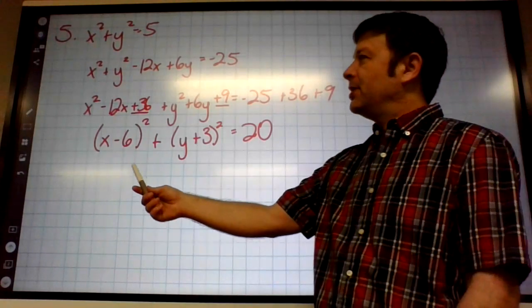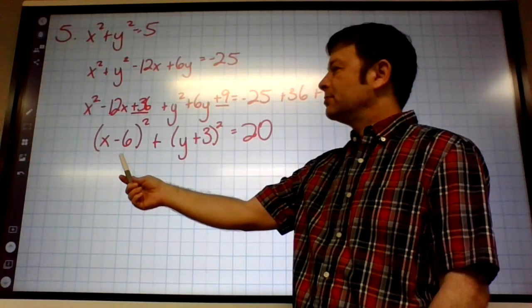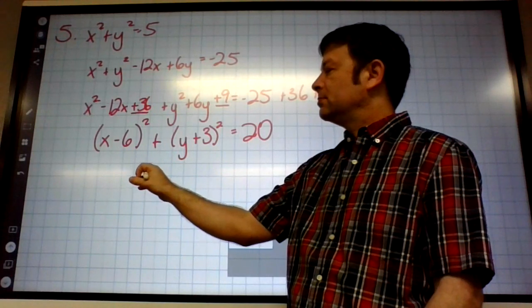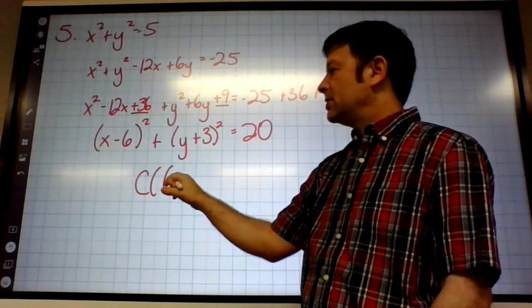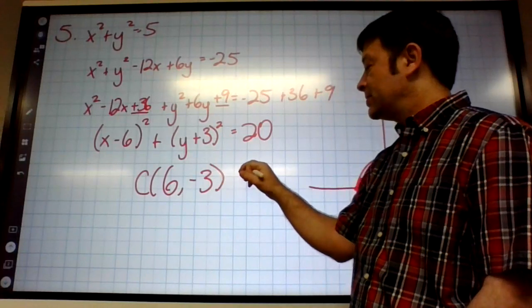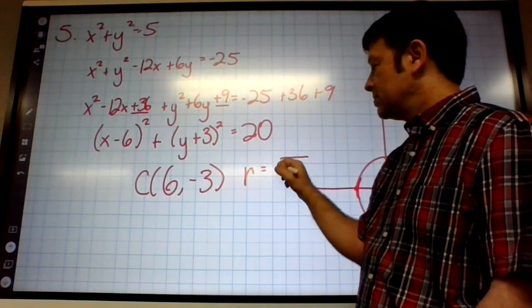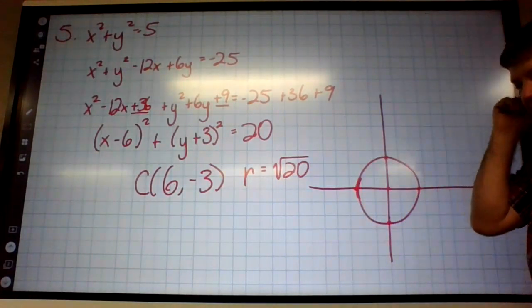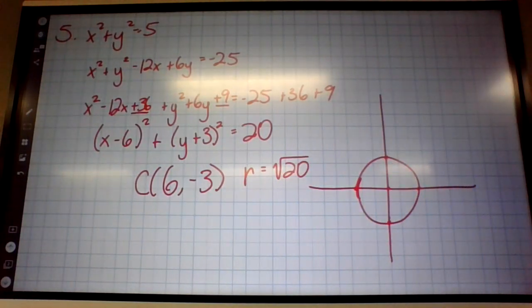Where is the center of this circle? 6, negative 3, and the radius is square root of 20. It's probably like 4.3, I would guess. 6, negative 3.